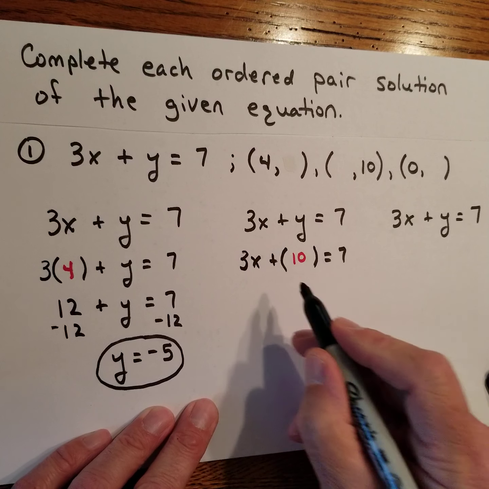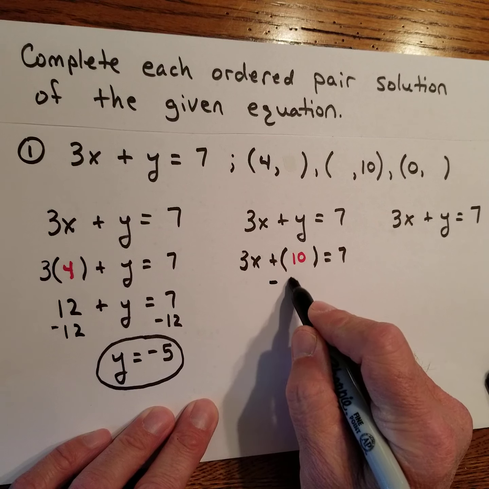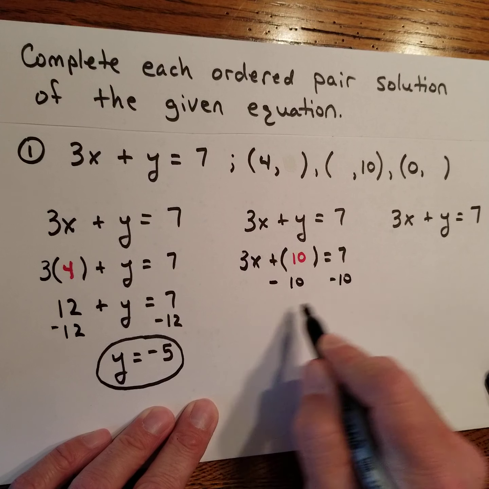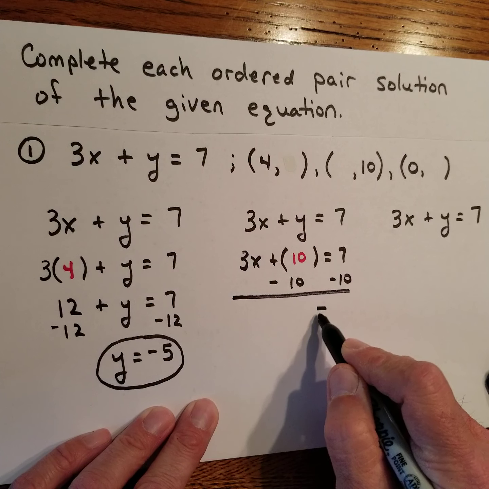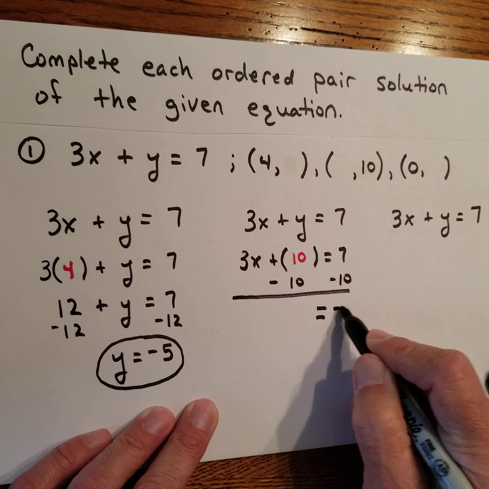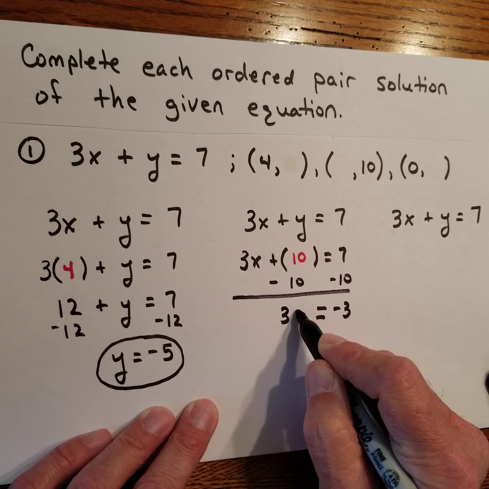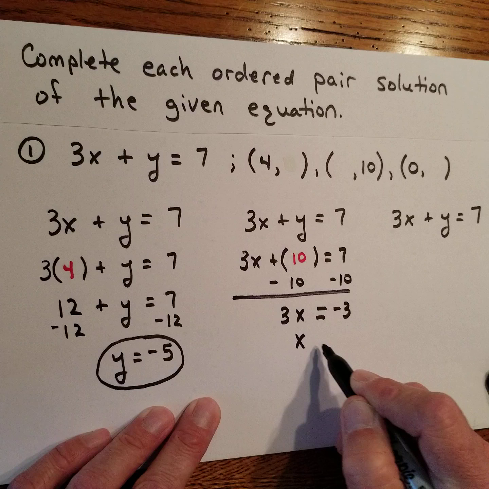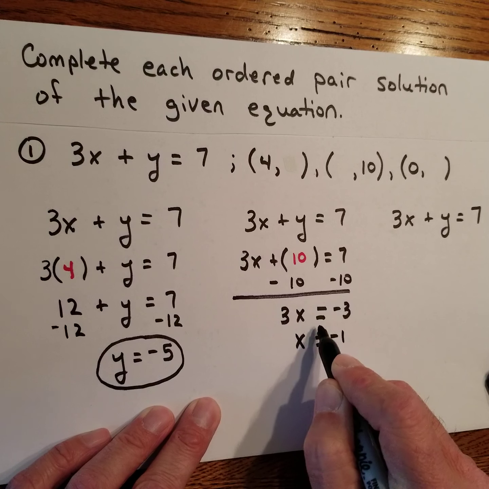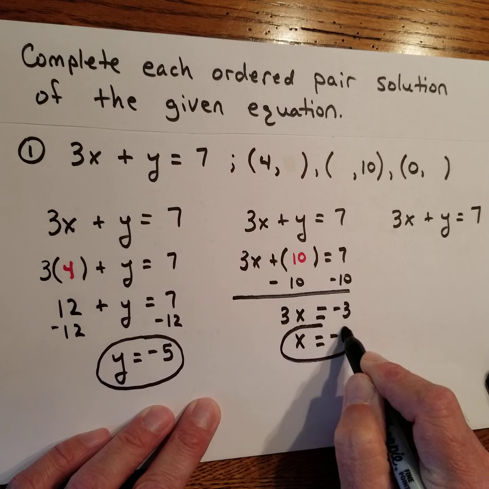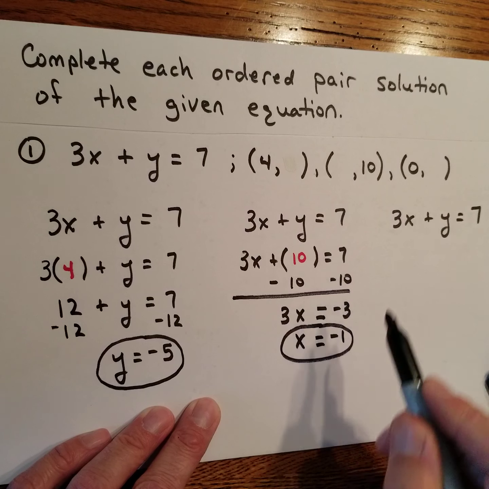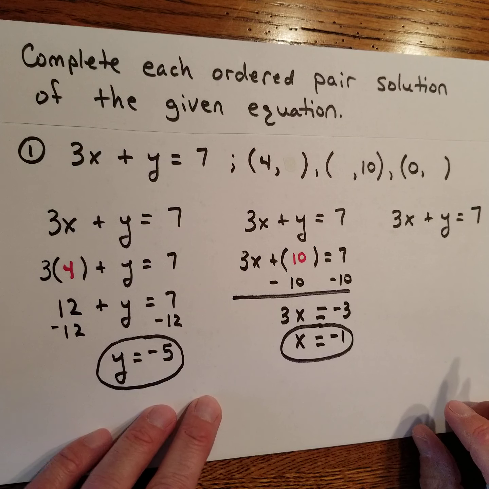Now to solve that equation, the inverse of addition is subtraction. 7 minus 10 is negative 3. And when I divide, X is negative 1. When Y is 10, X will be negative 1.